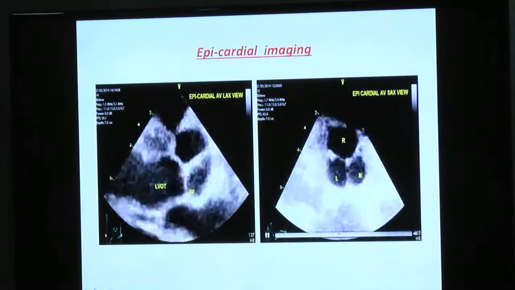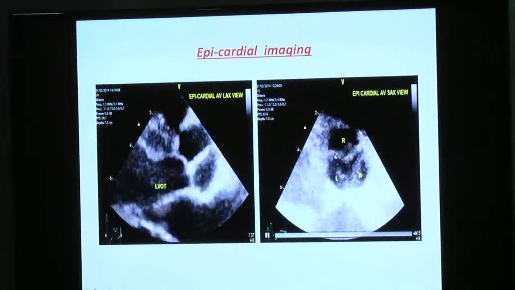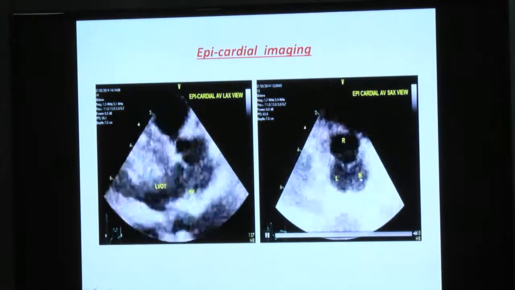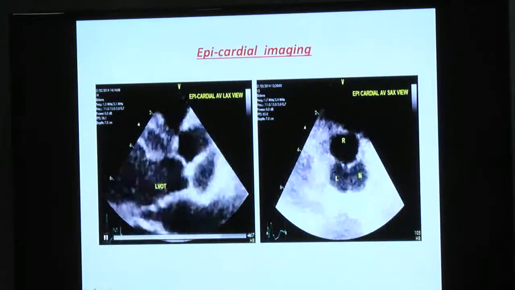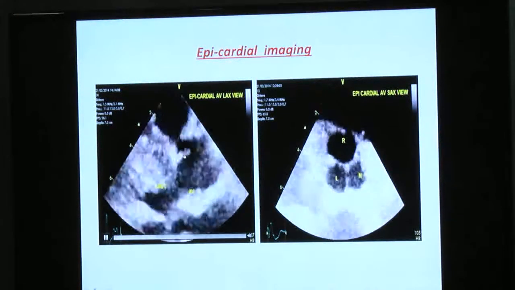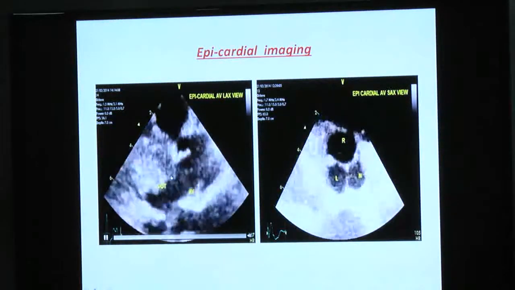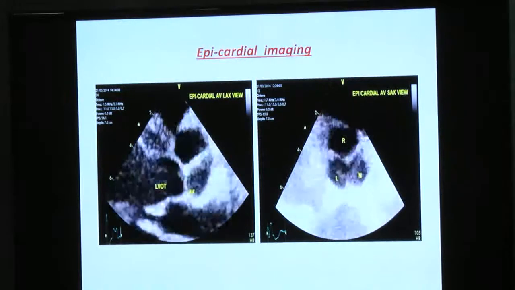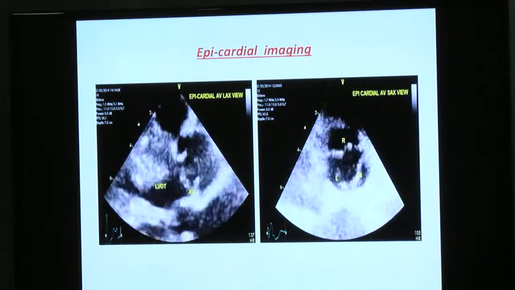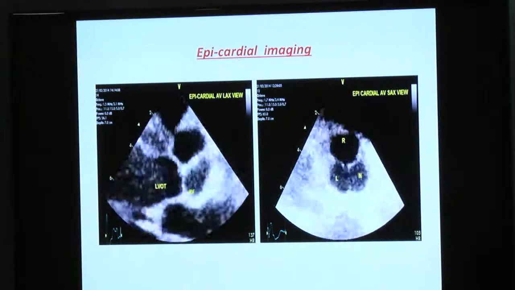Here you can make out the right coronary cusp, left coronary cusp, and the non-coronary cusp very easily. And in the long axis view you can make out the aortic valve opening and closing. The LVOT also can be seen here. Of course, it's difficult to get the gradient in this view. We have an epicardial long axis view, wherein we can assess the gradient across the aortic valve also.